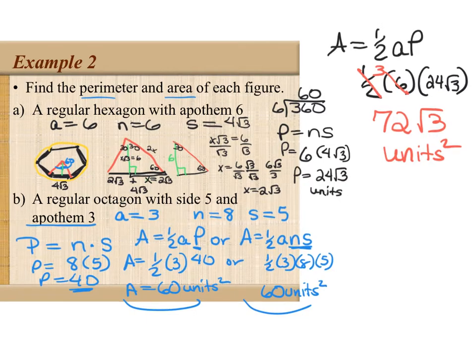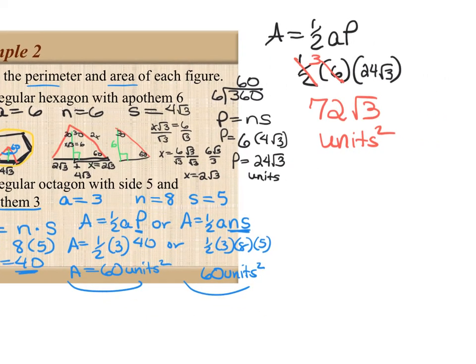You can also find area by multiplying 1/2 apothem times number of sides times side length. It's going to give you exactly the same answer, but if you think about it logically, we've already done the N times S when we did the perimeter.